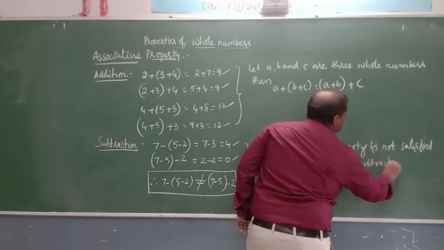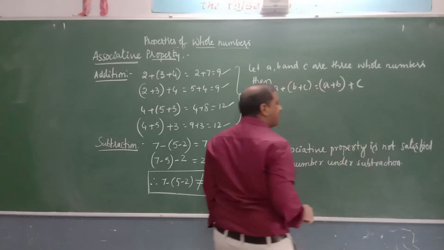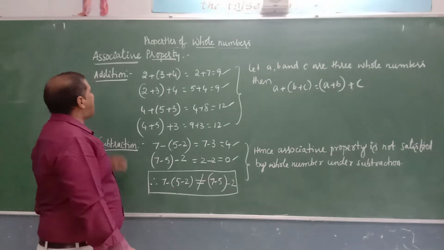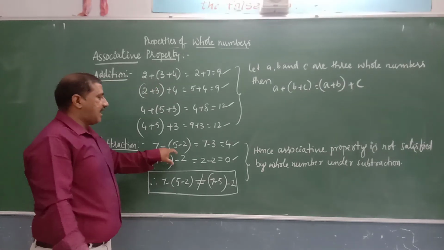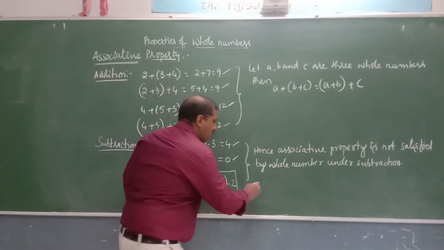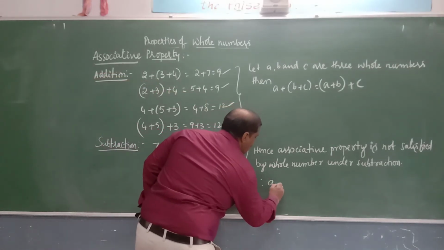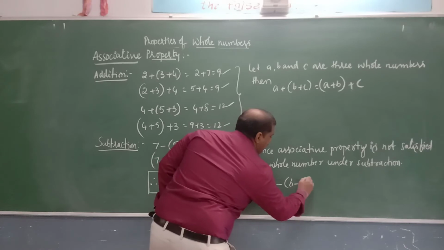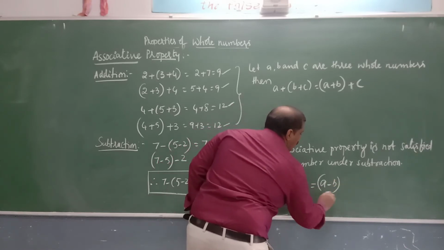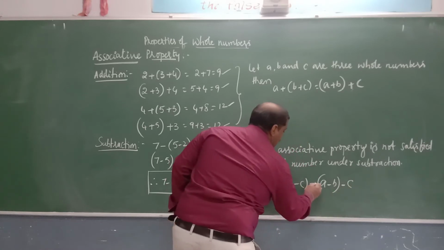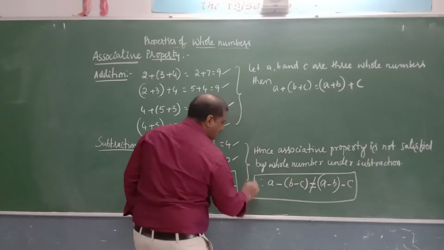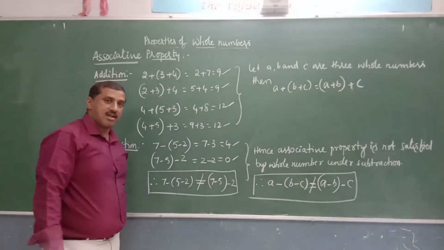Why is it not satisfied? Because the differences are not equal. But under addition it is satisfied, and here it is not satisfied. Therefore we can say that a minus (b minus c) is not equal to (a minus b) minus c. Both are not equal. Hence this property is not satisfied by whole numbers under subtraction.